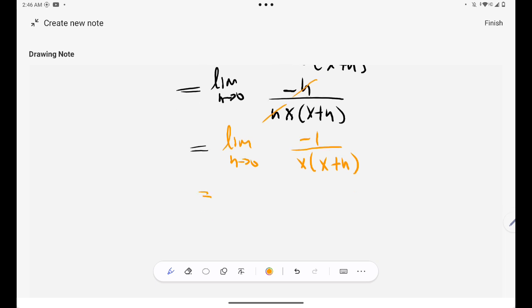And then now I can substitute h as my 0, because when I do that, even though h is at the denominator, the entire denominator will not be 0. So I can substitute h as my 0 now. So I'll have negative 1 over x times x plus 0. Let me write the 0 in a different color.